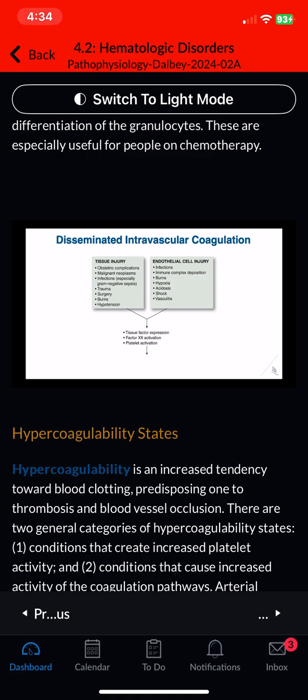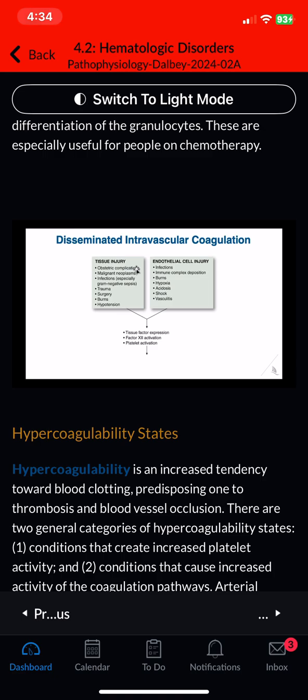So there's a number of causes that can lead to disseminated intravascular coagulation, and we can break them into two categories. So the first can be because of tissue injuries, obstetric complications, malignant neoplasms, infections, trauma, surgery, burns, even hypotension. From endothelial cell injuries, you can see some of those similar things.